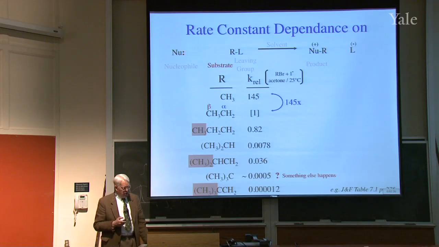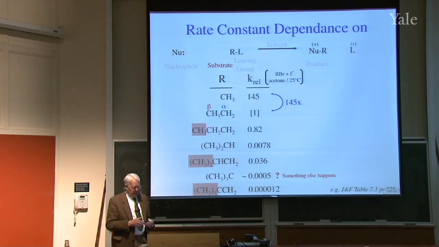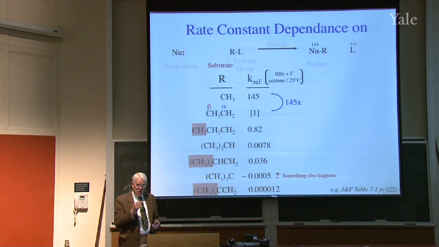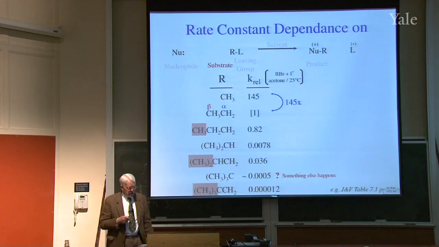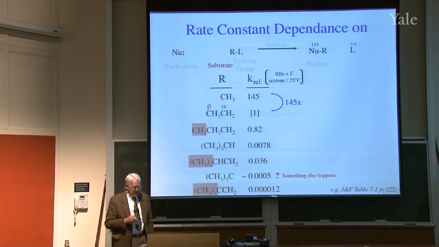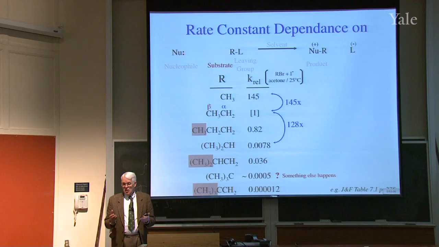Okay? Now, notice that as we put a methyl group on the alpha carbon, the first carbon, in place of hydrogen, it decreases the rate by 145 times. So there's a higher activation energy, enough to slow it by 145-fold. Okay? Now let's put a second one on. That slows it down by 128. Another factor of 128, about the same.